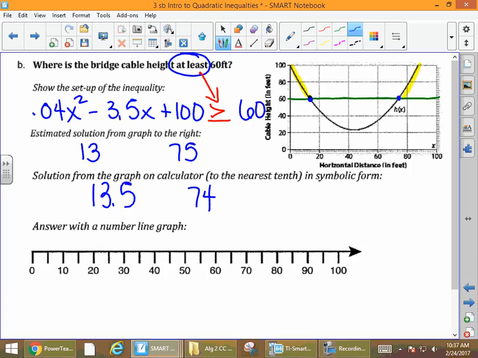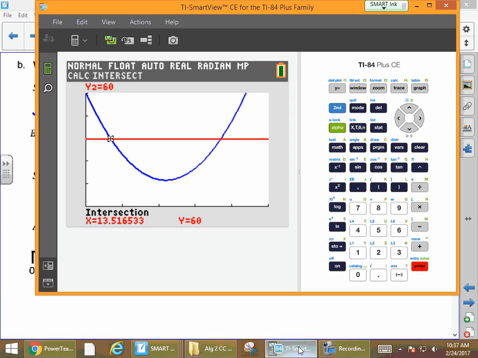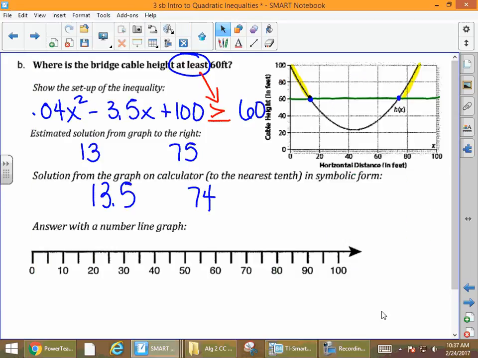When we round to the nearest tenth, 13.51, so I am good on that. But when we write this in symbolic form, what we need here is values that are above that line. So all of the x's in this case are going to be x less than or equal to 13.5.